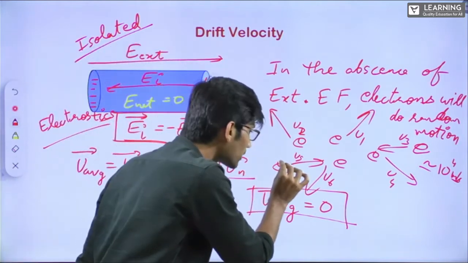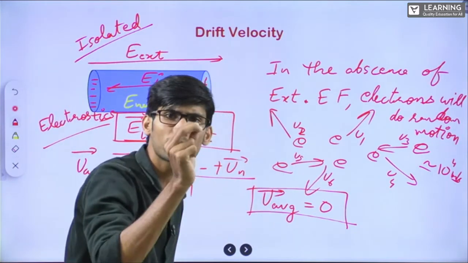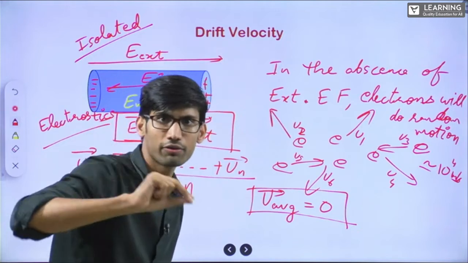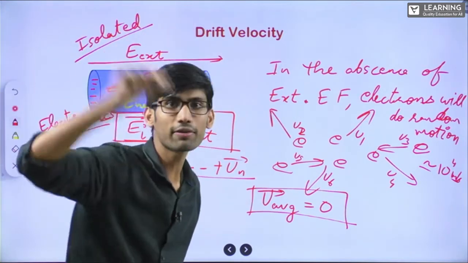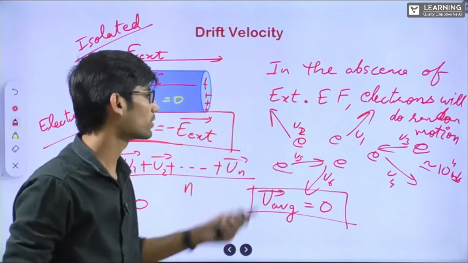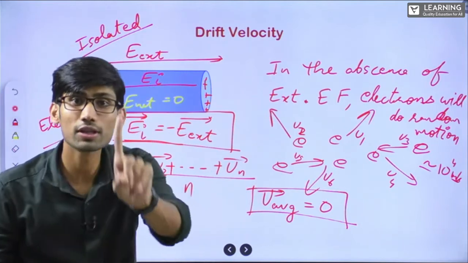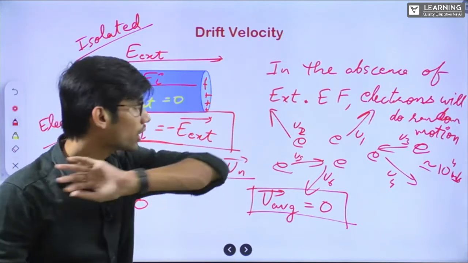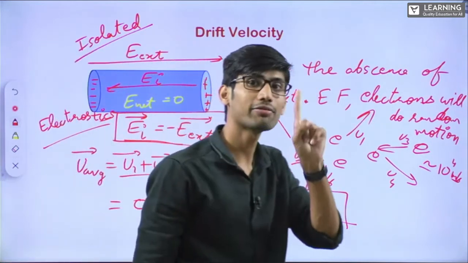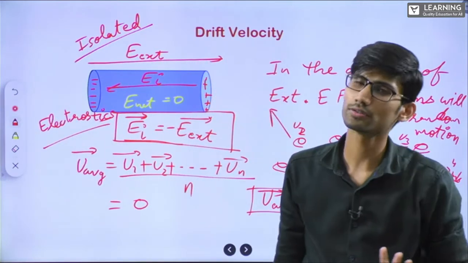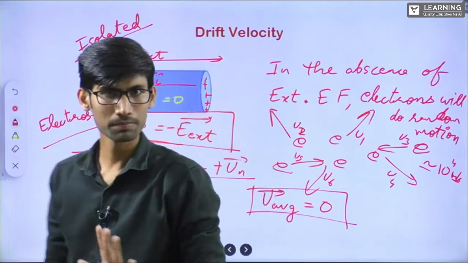For only one electron, it will also be 0. This single electron is only doing random back-and-forth motion. If it goes like this, it will come back. On an average, the velocity is 0. Clear? For a single electron and for all the electrons, average velocity is 0, but average speed is not 0. It is very high.